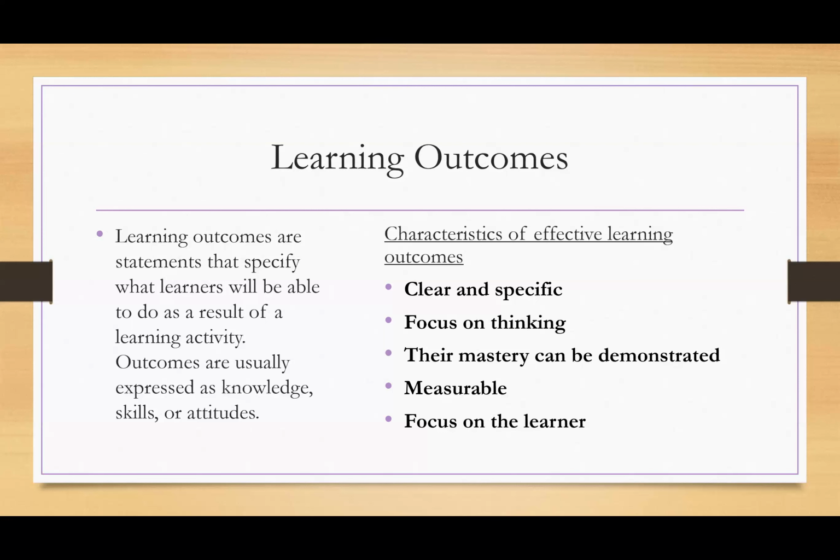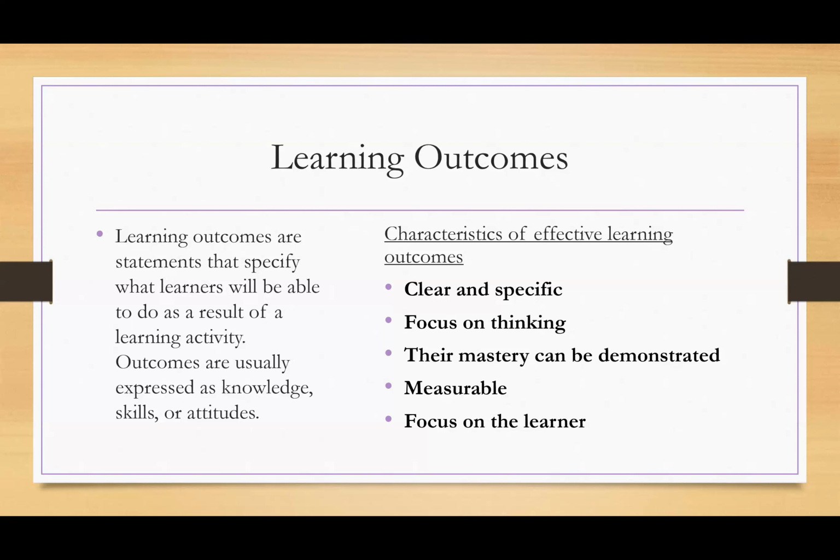The fourth point, which is measurable. We need to ensure that the learning outcome is measurable so that it can be assessed or observed. So we have to specify the criteria or evidence that will be used to determine whether the outcome has been met.